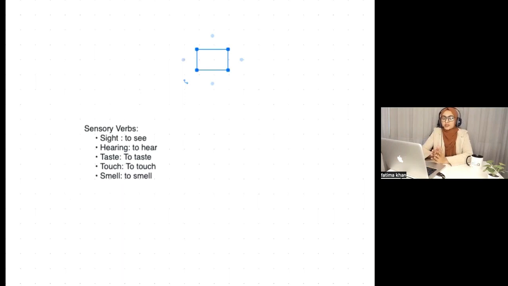I work quickly, I walk quickly, or I wrote quickly, beautifully, anything. We use adverbs. But after sensory verbs, we use adjectives. We don't use adverbs, we use adjectives. That is the difference between normal verbs and sensory verbs. You always add adjectives after sensory verbs.